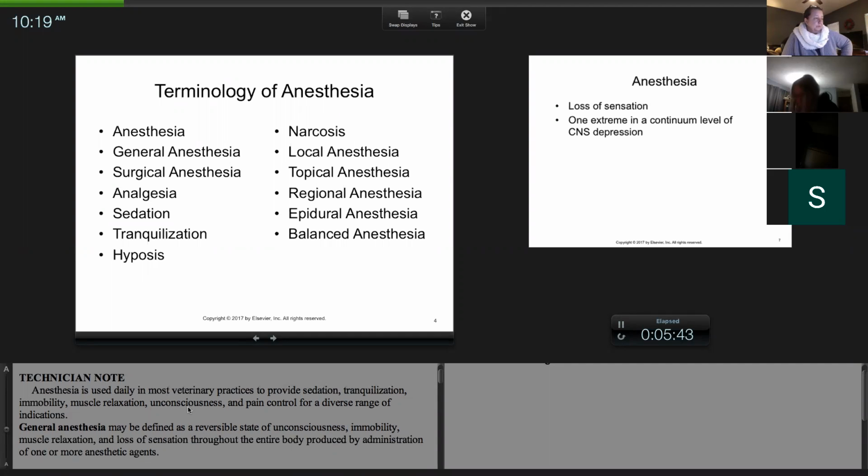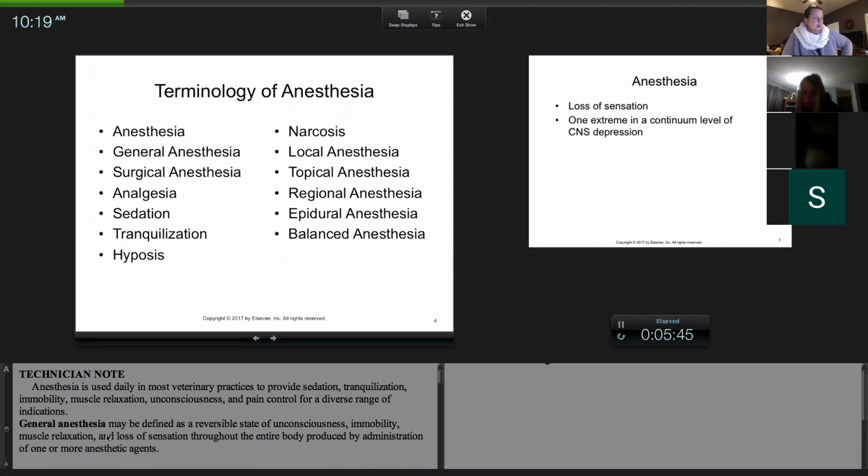But general anesthesia is a reversible state of unconsciousness, immobility, muscle relaxation, loss of sensation throughout the entire body. When we're talking about general anesthesia, the whole body is anesthetized. The key here is reversible. That means when you're done with surgery, you can wake them up and bring them back to consciousness, okay?